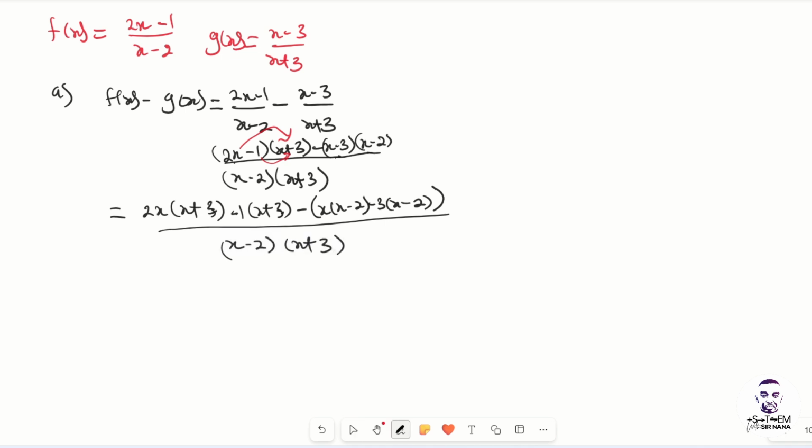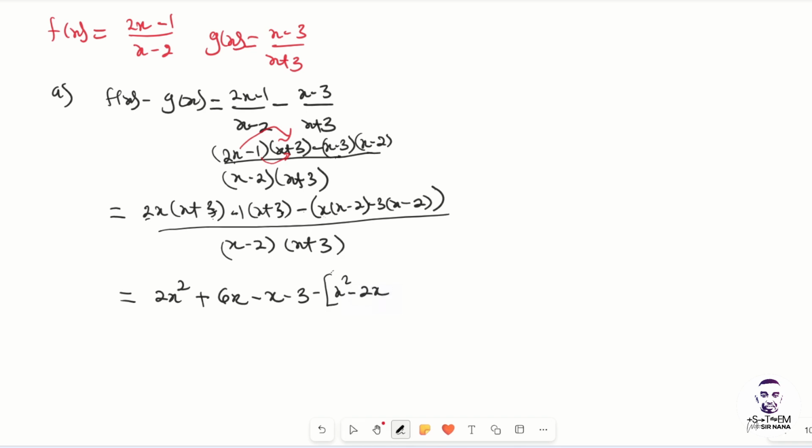We want to expand the numerator part. So we are going to have 2x squared plus 6x when we multiply 2x times 3. Then minus 1 times x gives us minus x. Minus 1 times 3 gives us minus 3. We have the negative here, so let's bring our bracket out. x multiplying x gives us x squared. x multiplying minus 2 gives us minus 2x.